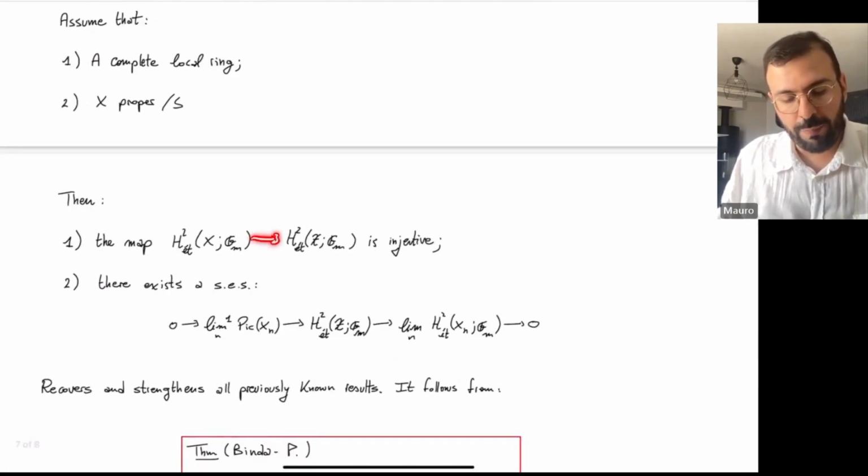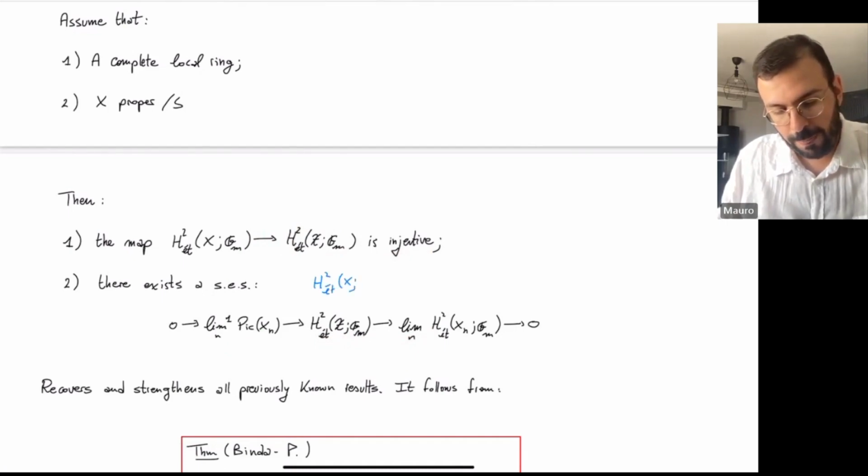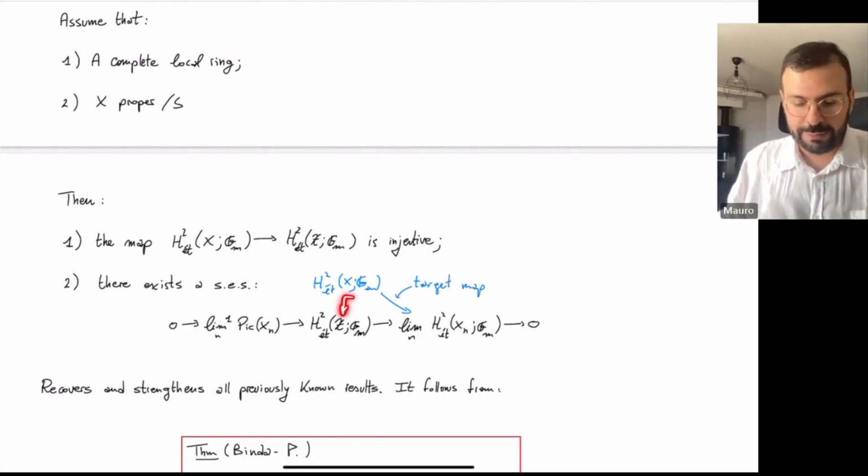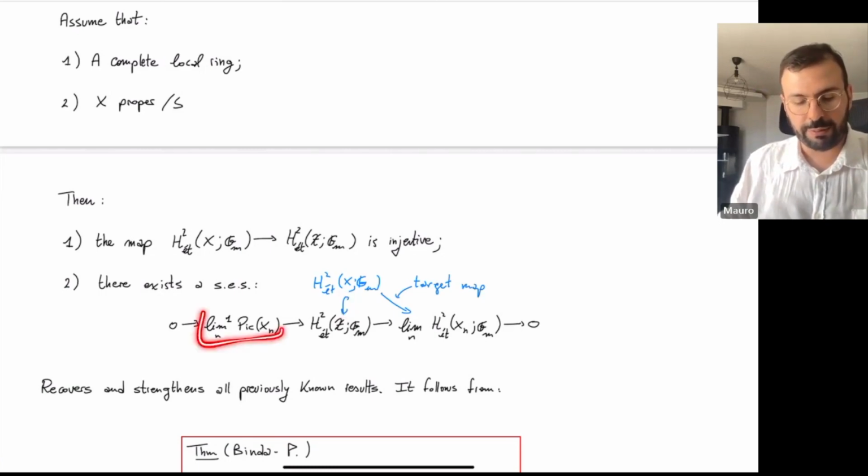The canonical comparison map to the formal completion is always injective, and we have a short exact sequence of this form. So if we put the two things together, you see that here you have this map that injects there, and this composite map is the target map. And so you see that because this is always injective, as soon as this group vanishes, this map is also injective.